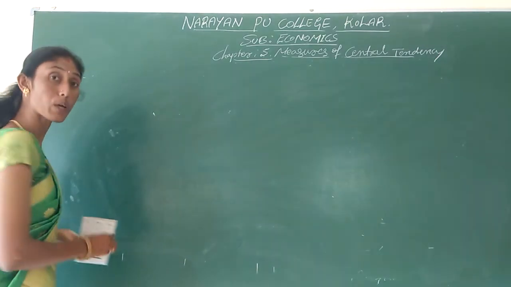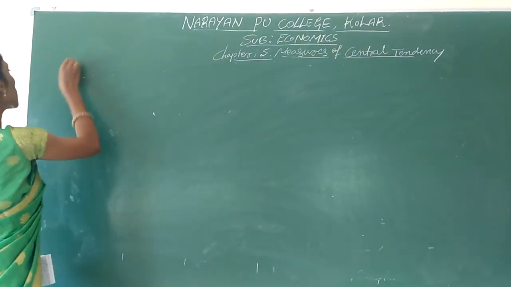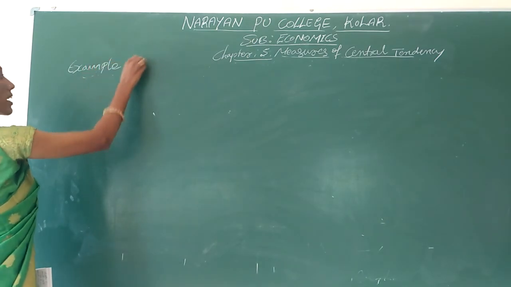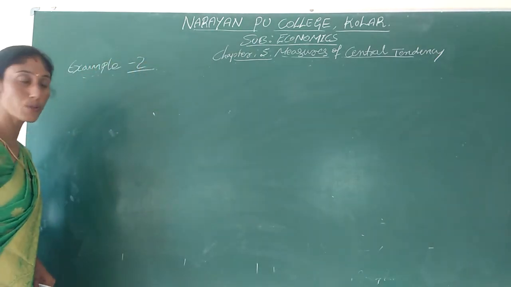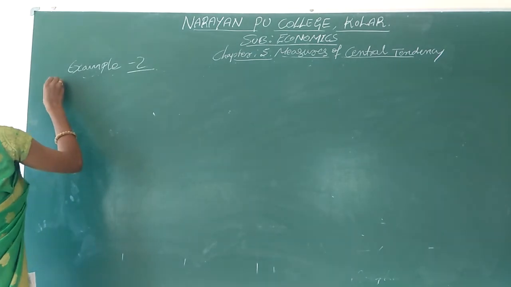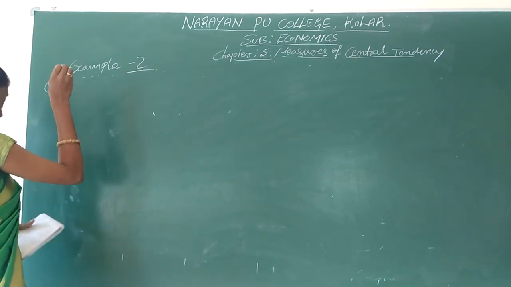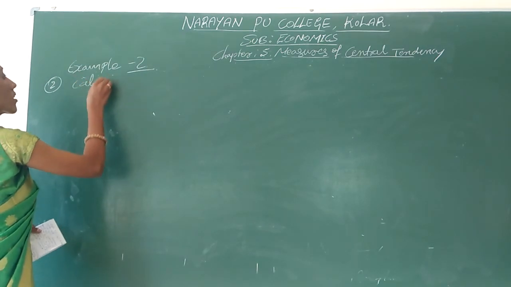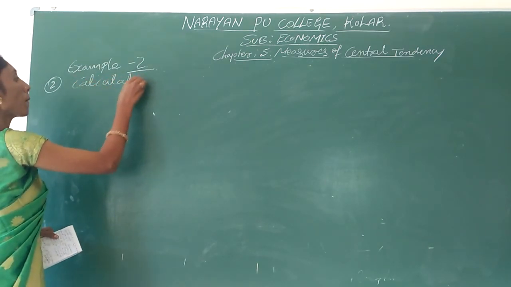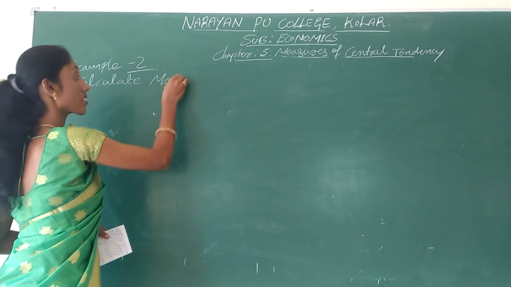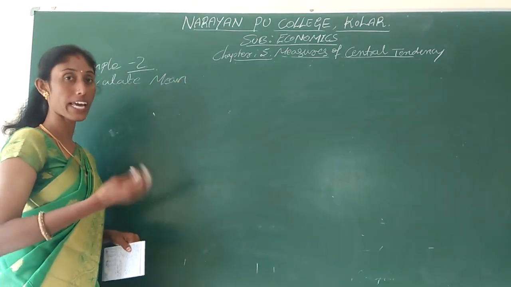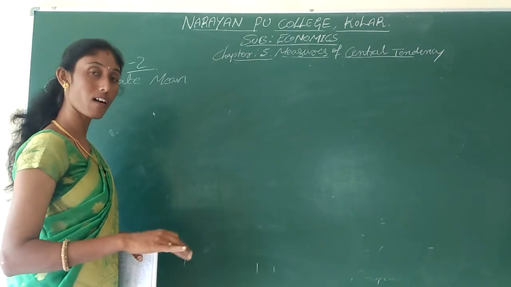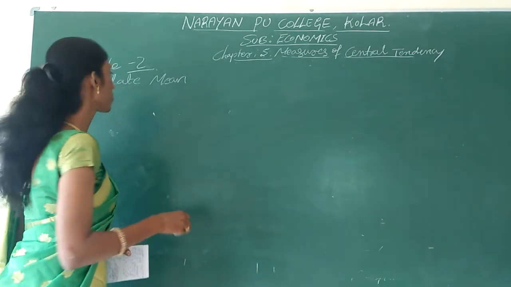Take down one more example question. Already we have discussed one example question. Right now, example question 2. Write down the question. Calculate the mean. They will ask for the arithmetic mean or directly ask to calculate the mean; mean and arithmetic mean are the same.